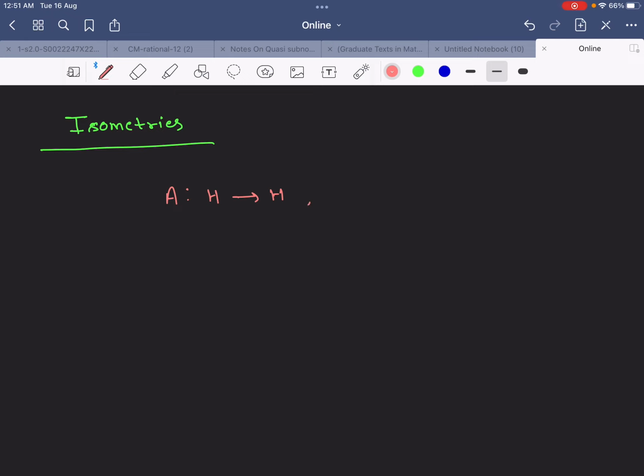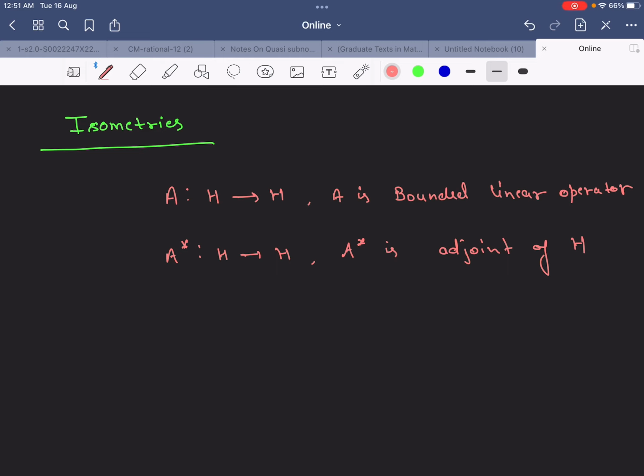A is a bounded linear operator, and let A star be its adjoint, the adjoint of A. We say that if A star and A satisfy this equality, then we say A is an isometry.